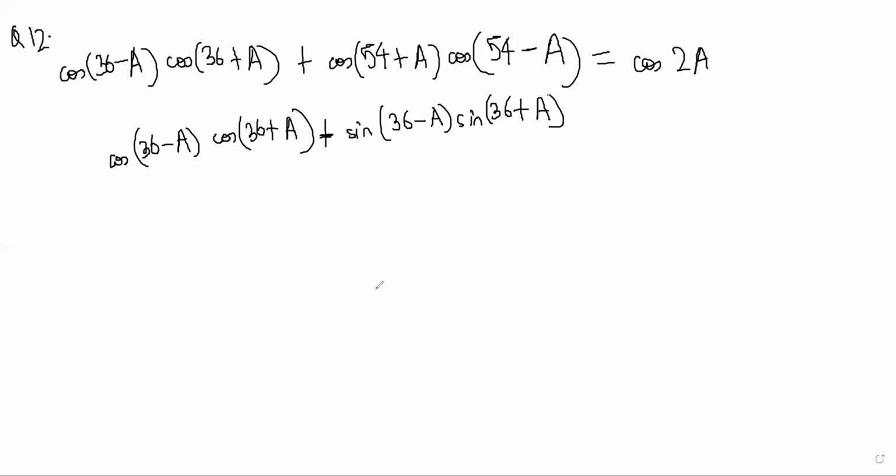So you can use cos c cos d plus sin c sin d, which is cos(c minus d). So c is 36 plus a, d is 36 minus a. The 36 cancels, so it becomes 2a, and we get cos 2a.